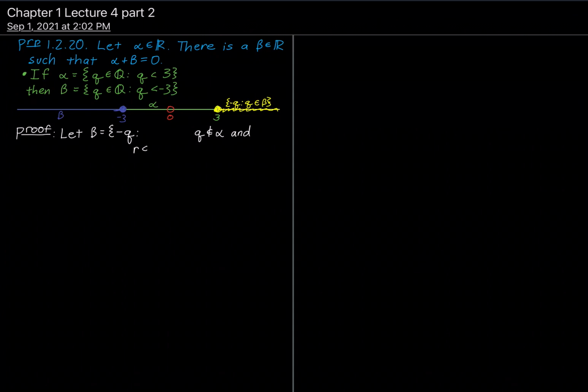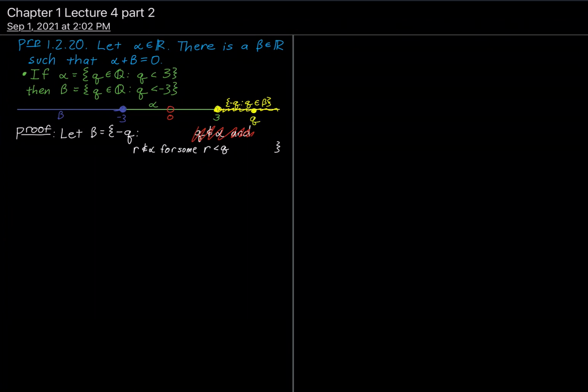So we're going to specify that R is not in alpha for some R less than Q. And that kind of means this Q less than alpha condition is redundant. We don't really need it. So here it is on the picture.